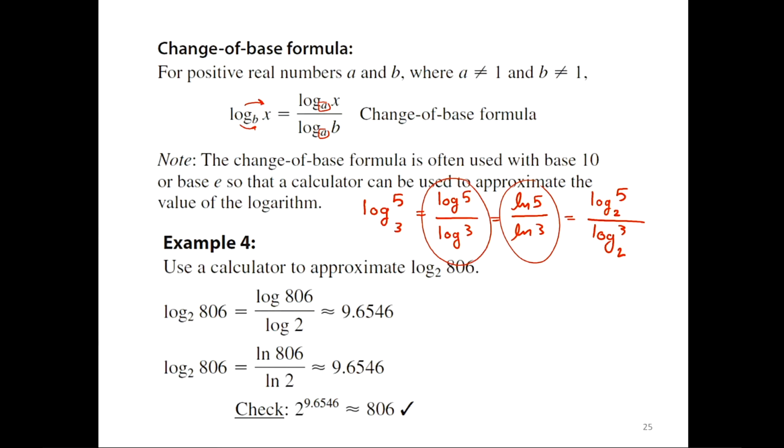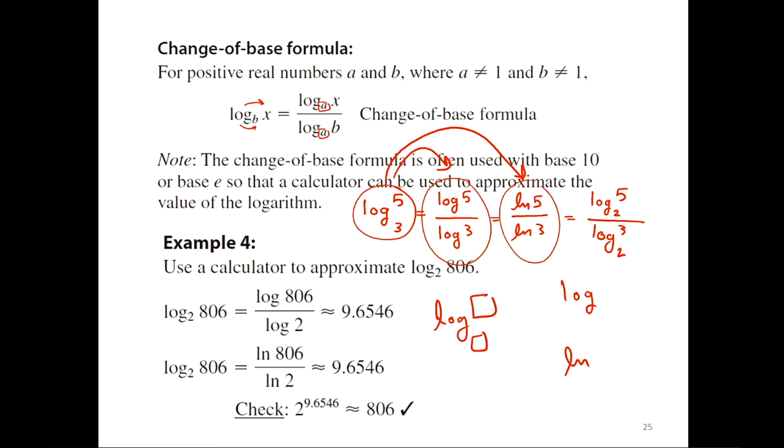So how can we find log 5 to base 3? We need to change it by using the common logarithm or natural logarithm, using the ln or log to base 10 to find log 5 to base 3. Also, the old calculator has logarithm and ln, but a new calculator has a log with an argument and you put the base.